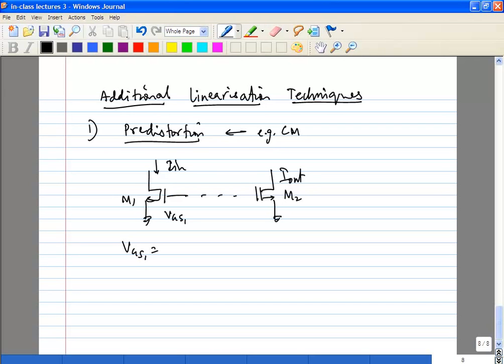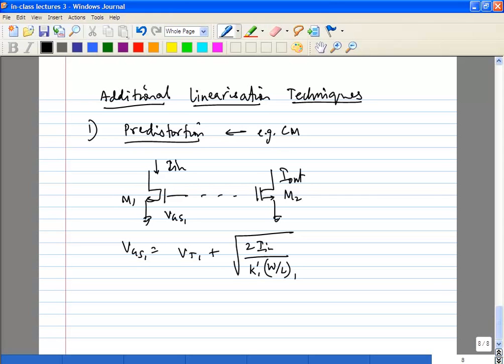If you look at the voltage here, what does it look like? The current to voltage obviously has a square root relationship, right? So this is, for example, the simplest example of predistortion.